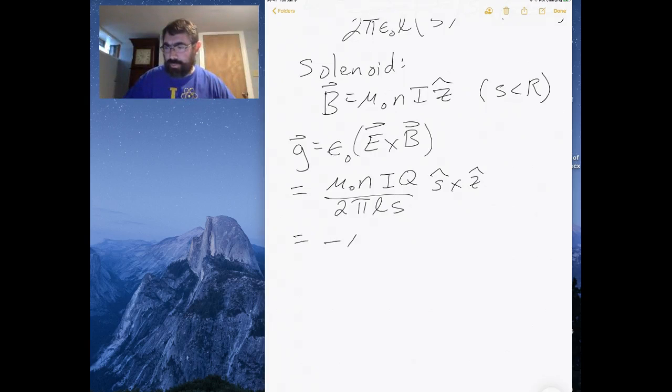So we have minus mu 0 n I q over 2 pi L S in the phi direction.